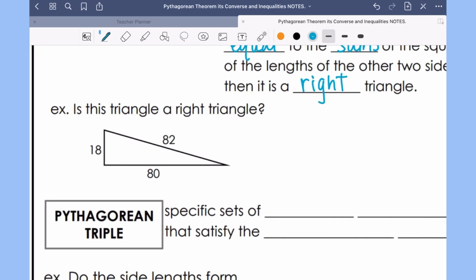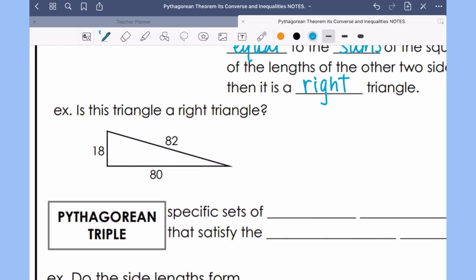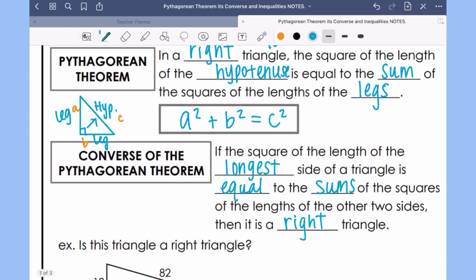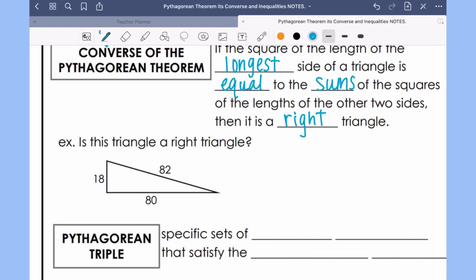And here's our first example. It says, is this triangle a right triangle? How would we know that? Well, if it's a right triangle, that means the Pythagorean theorem should work. So who are my legs and who is my hypotenuse? These are the legs, and this is the hypotenuse. If we write our equation, a squared plus b squared should equal c squared.